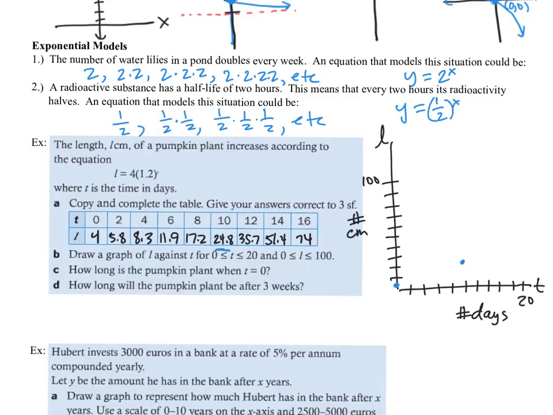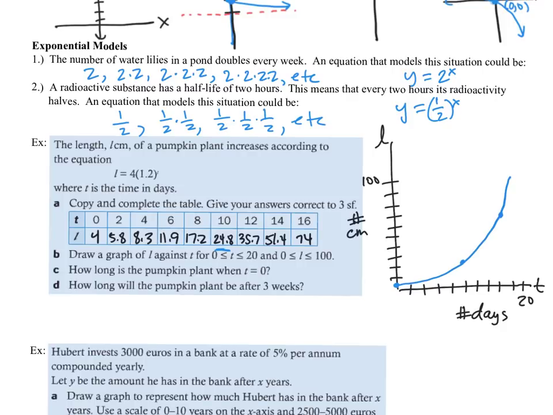So see, 20, 16, and 10, 20, 30, 40, 50, 60, 70, would be right about here. Okay, so you can start to see, again, we don't need to plot every point, but you can see that exponential curve. So then just go ahead and draw a nice smooth curve through those points. And we have our graph.